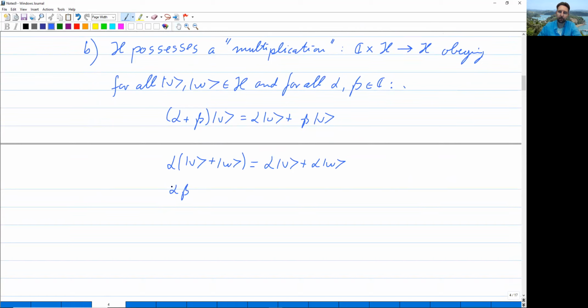And that alpha beta acting on V is equal to alpha and then beta V. Okay, so here we first multiply two numbers and then multiply them on the vector V. And here we first multiply one number on the vector V, get another vector, and then multiply that with alpha. And also 1 times V is supposed to be V.